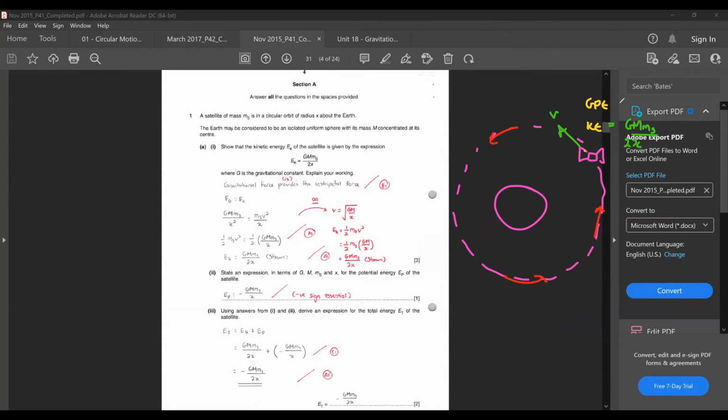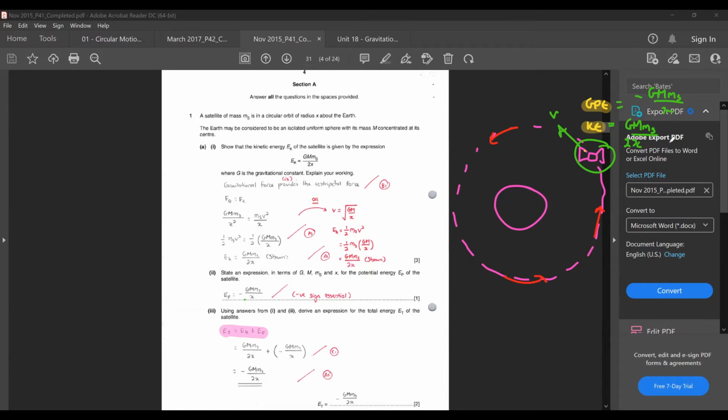Then after that, the GPE we also already know, which we already found in the previous part of the question, which is negative GMMs over X. Okay, so your satellite here actually has two components of energy, KE and GPE. So if you want to find total energy, you just add them up. So total energy is thus EK plus EP.